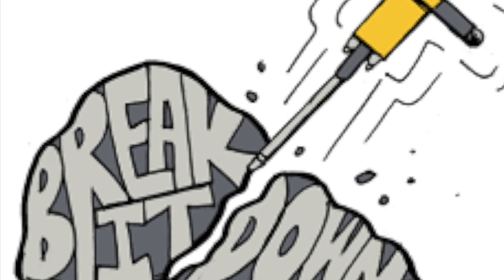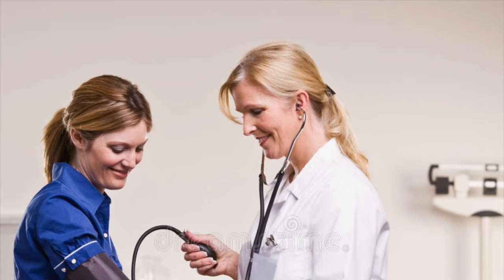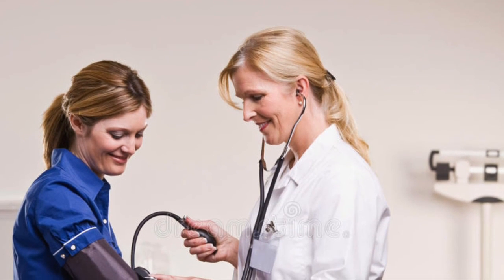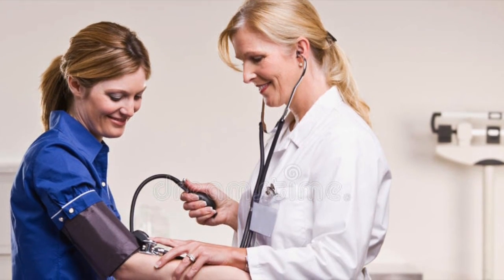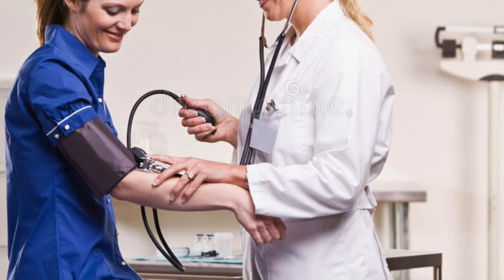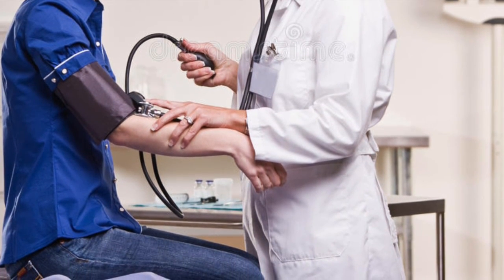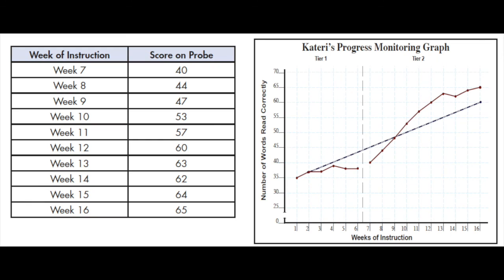Breaking down the next essential component of RTI, progress monitoring. Let's go back to that medical analogy. Progress monitoring would be like asking you to regularly check your blood pressure after putting an intervention such as medication in place. So in school, we might put an intervention like Read Naturally or the Lindamood LIPS program in place for a student, but what we need to do is make sure that the intervention is working.